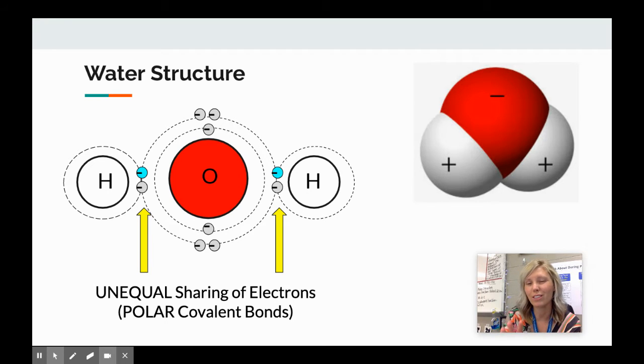So just in summary, to make sure we're okay on the recap, water's neutral, but a water molecule has slightly charged ends. On one side of the water molecule, it's slightly positive. On the other side, it's slightly negative. That's why we refer to it as a polar molecule. So when you think of what water is, water is polar. It is a polar molecule held together by polar covalent bonds.